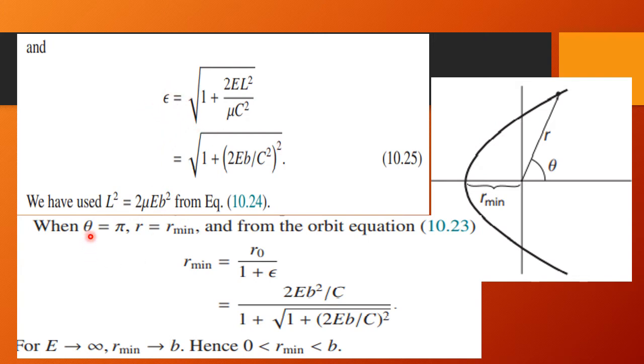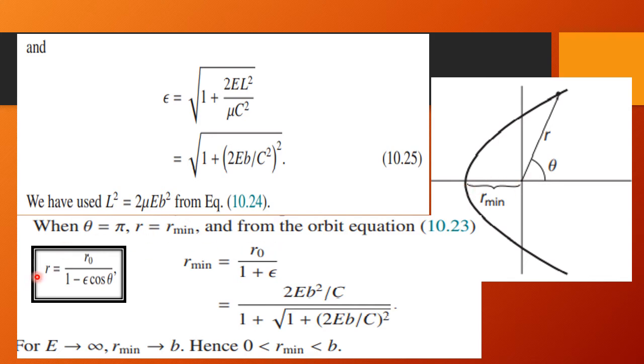Now when theta is equal to pi, you get r is equal to r minimum from our orbital equation. When theta is equal to pi, r becomes the minimum distance. So when theta becomes pi, the particle or the comet will be at this point. This is the minimum distance up to which the particle reaches the interaction.